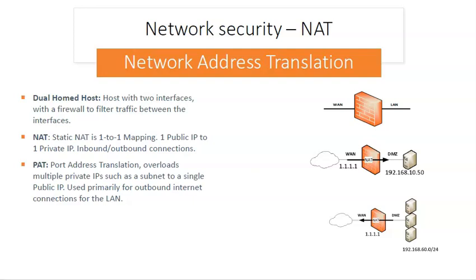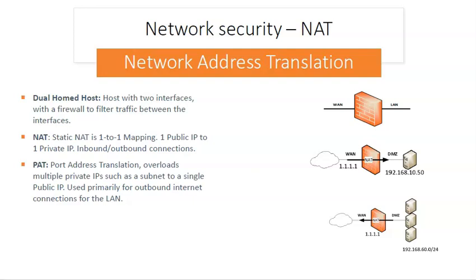Right? So in PAT, we use the concept of a socket number, as the server identifies every unique communication by the socket number only. A socket number is a combination of three things: the IP address, the protocol, and the port. In PAT, the IP address will remain the same because all the internal hosts are accessing a single public IP address, but they can use different port numbers.